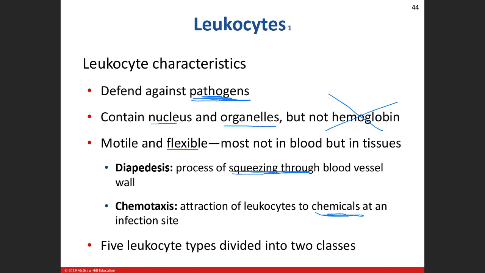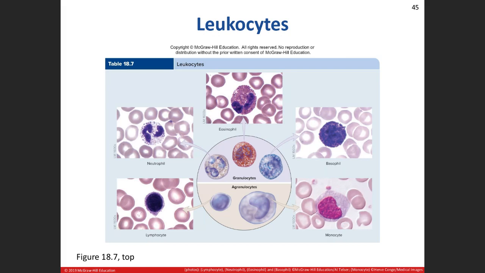So we're going to talk about the 5 different types of leukocytes, and we have those divided into 2 classes. It is real simple. All right, the names of the 2 classes: we've got our granulocytes and our agranulocytes. Okay? So these top 3 here are the granulocytes. We call them that because when we are looking at them on a light microscope, we can see that these cells have little granules inside of them.